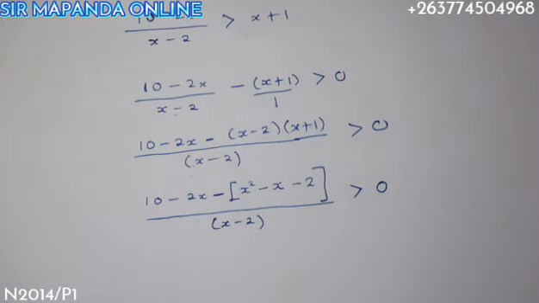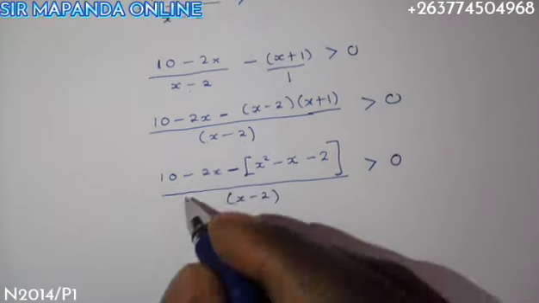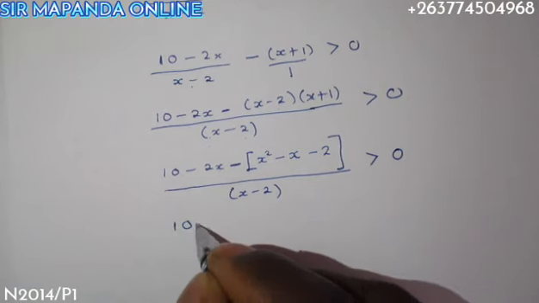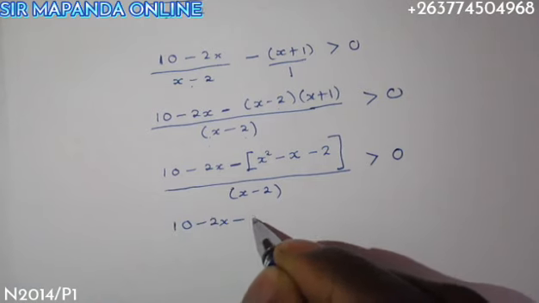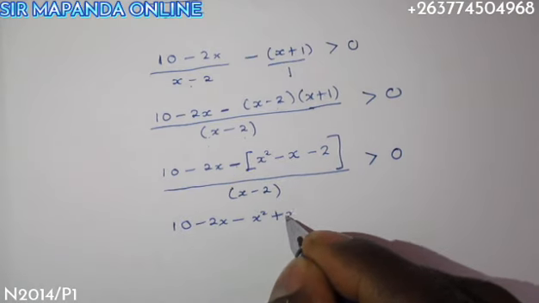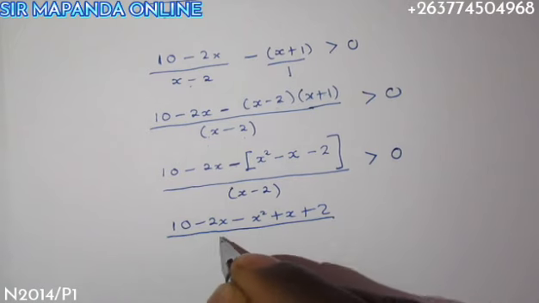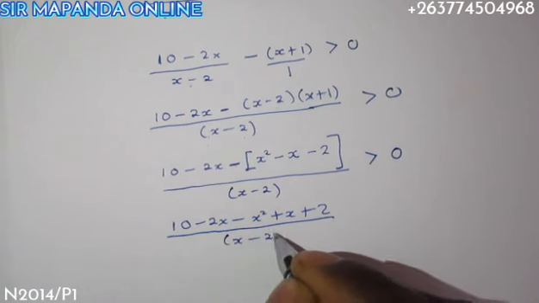Now that we are through multiplying x minus 2 with x plus 1, you can safely introduce the negative sign. This is going to give you 10 minus 2x minus x squared. Minus and minus, you get plus x. Minus and minus, you get plus 2. All over x minus 2.